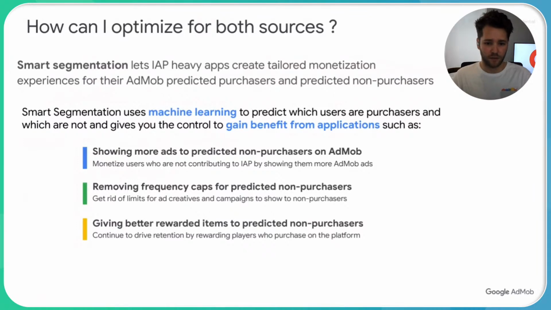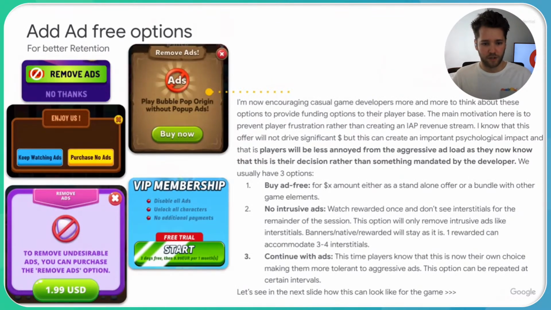So if the user is predicted to be a non-purchaser, they will see ads just like in a freemium game. If they are predicted as a potential purchaser, they will see fewer ads, increasing the retention and your revenue from in-app purchases.